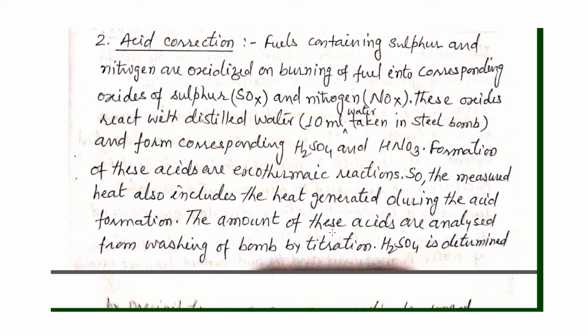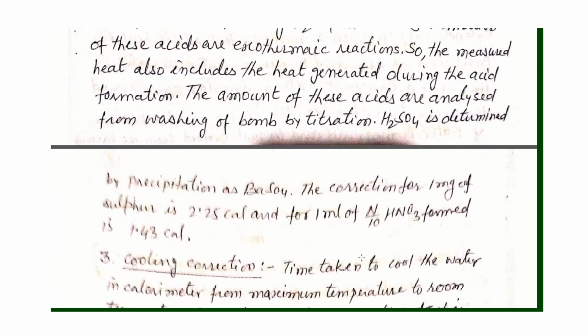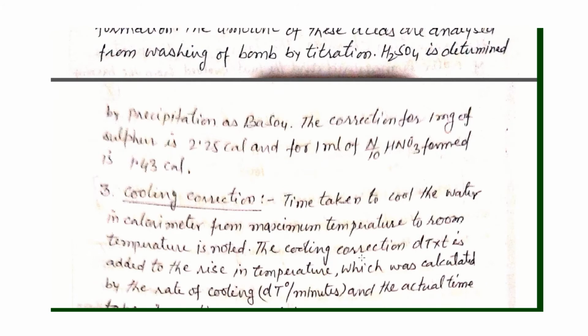The amount of these acids is analyzed from the washing of the bomb by titration. H2SO4 is determined by precipitation of BaSO4, as we discussed in detail in the estimation of sulfur, and similarly the estimation of nitrogen in ultimate analysis.